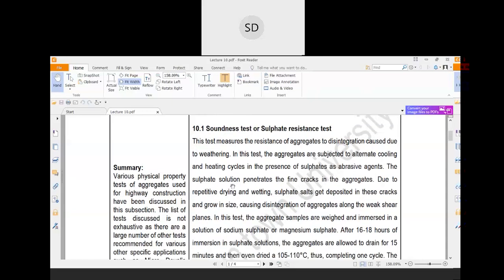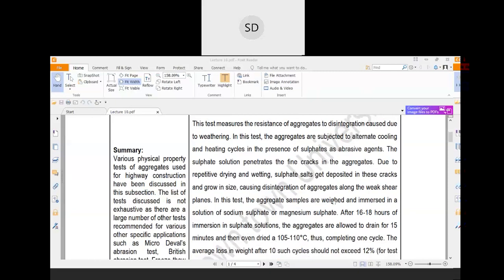Now the sulfate solution penetrates the fine cracks in the aggregates. If there are small cracks, the sulfate will penetrate through the aggregate. Due to repetitive drying and wetting, sulfate salts get deposited in these cracks and grow in size, causing disintegration of the aggregate along the weak shear plane.